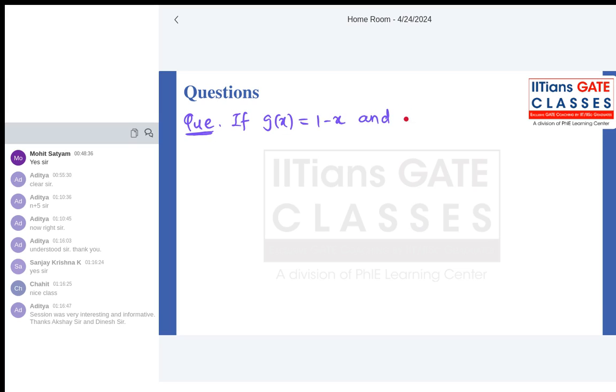So they have given two functions which are g of x and h of x, and they are defined as g of x is 1 minus x, h of x is x by x minus 1. Then g of h of x divided by h of g of x.